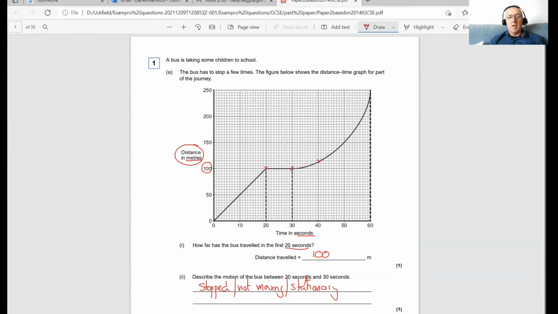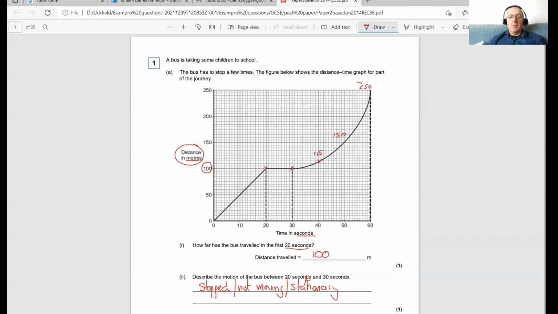So each of these squares is 5 meters because 10 of them is 50. So there's 115 meters, 1, 2, 3. That's 115. And then at 50 seconds, that's easy, that's 150. And at 60 seconds it's 250.